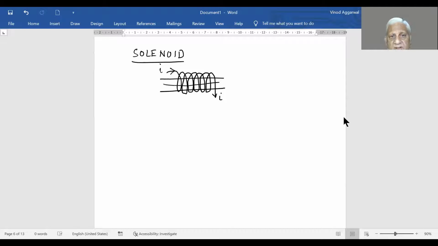There is a magnetic field generated inside. Now there are a few very subtle characteristics of this field.